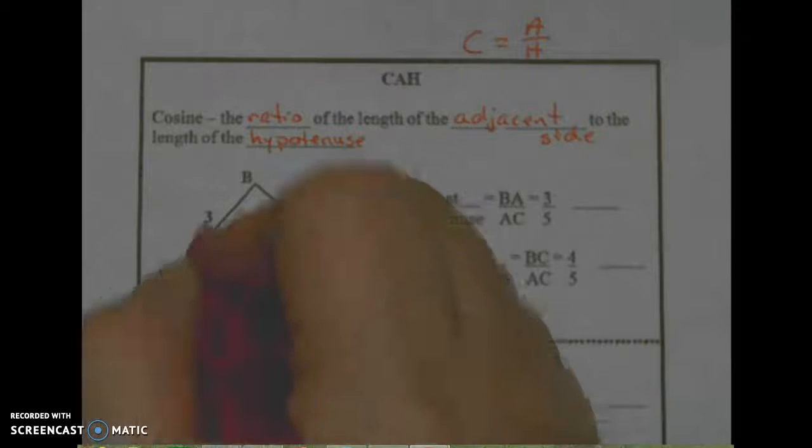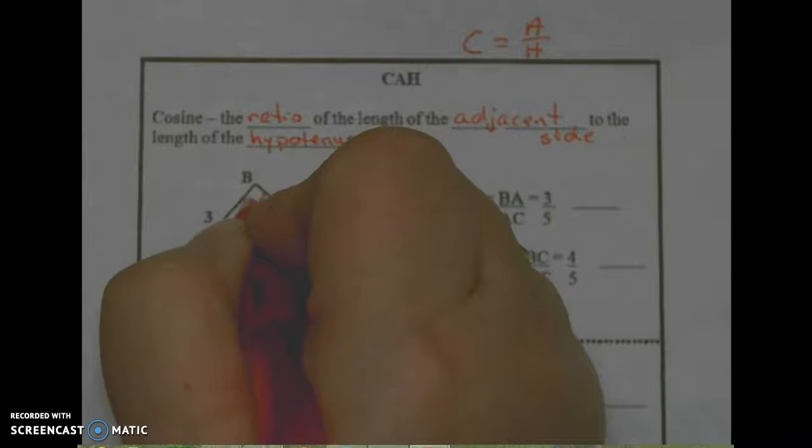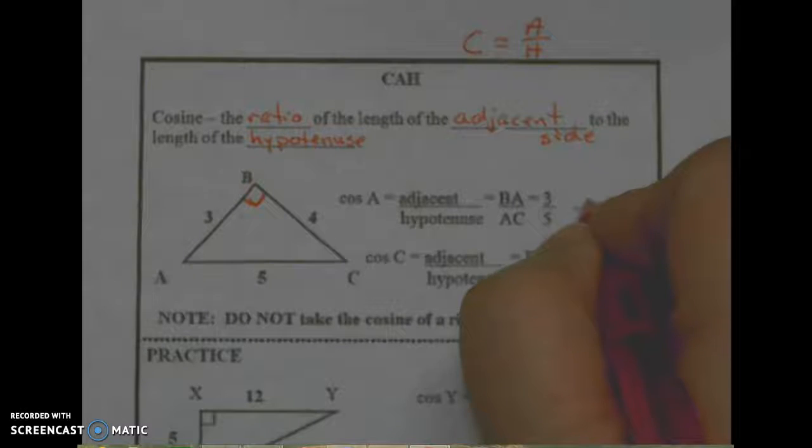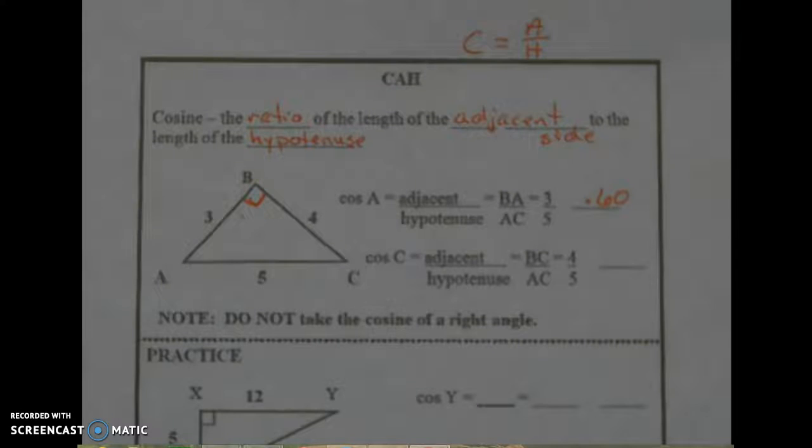So again, if I'm looking at triangle ABC with my right angle at B, if I'm looking at the cosine of angle A, I want the adjacent side, which is segment BA, over the hypotenuse AC. That gives me the fraction 3/5. And as a decimal, that's 0.60.